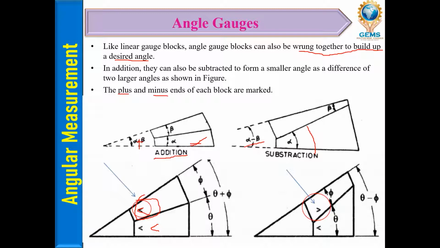If there is a subtraction, it is theta minus phi. So this is the subtraction symbol, and this is the addition symbol. If one angle is theta and the other is phi, then theta minus phi is a subtraction.